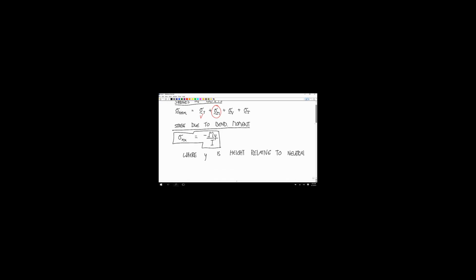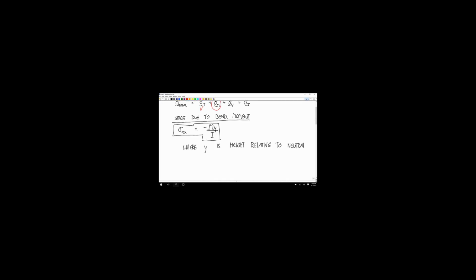Remember, the neutral axis is the plane where, when you bend this beam, it stays the same length. So there's no compression and no stretching.